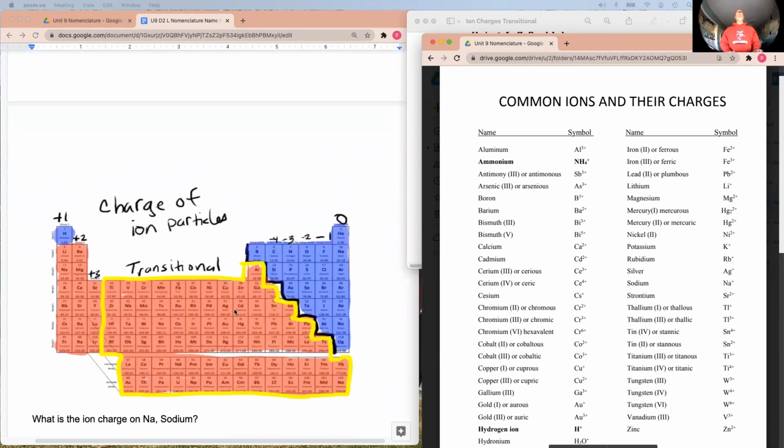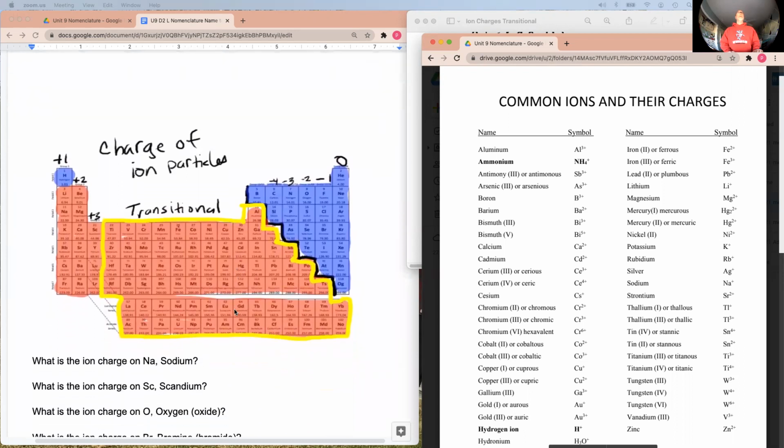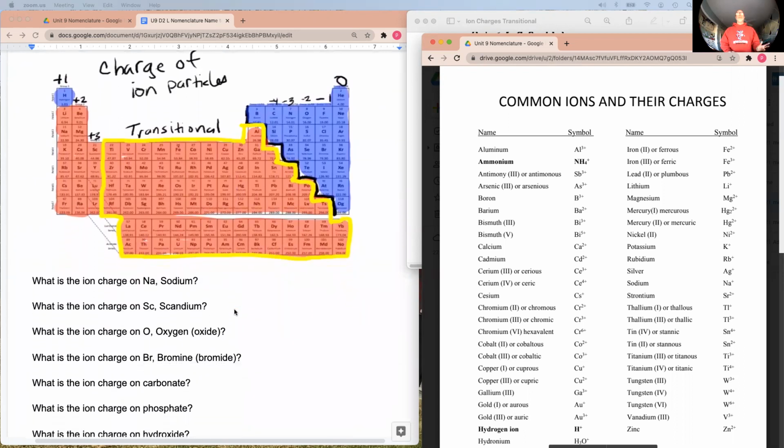Before we do, let's quickly review what it means to have a charge or be an ion. We talked last time about what an ion is. It's a charged particle. These charged particles, which are on the periodic table, when these elements are ions, they have very specific charges.